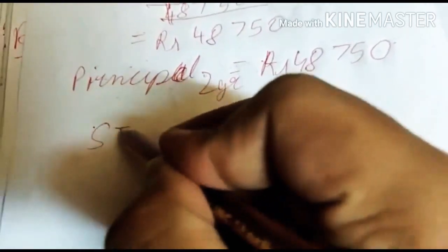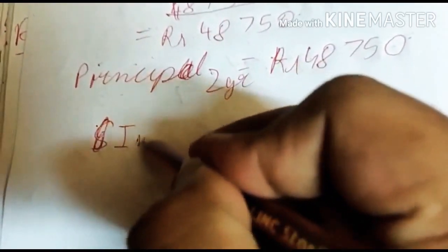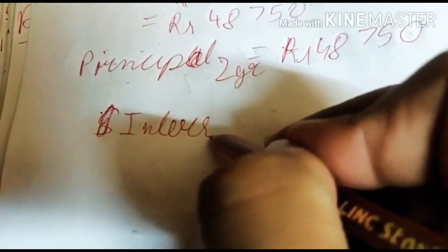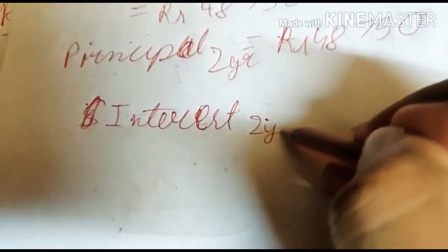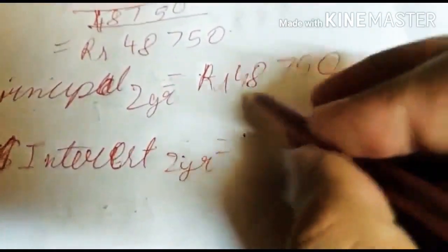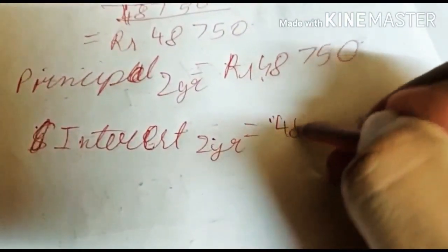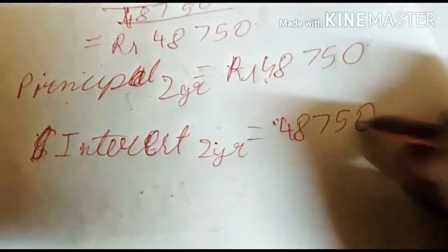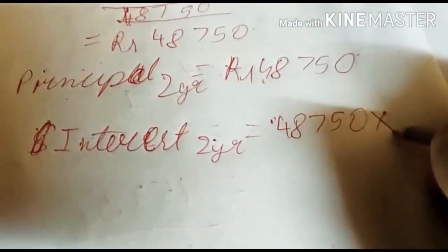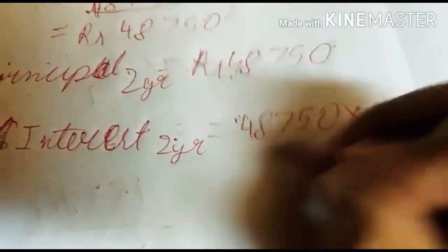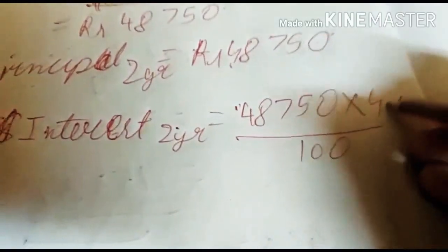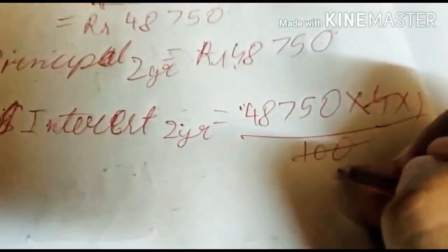So interest for the second year: principal here will be 48,750 into 4 upon 100 into 1, 25.